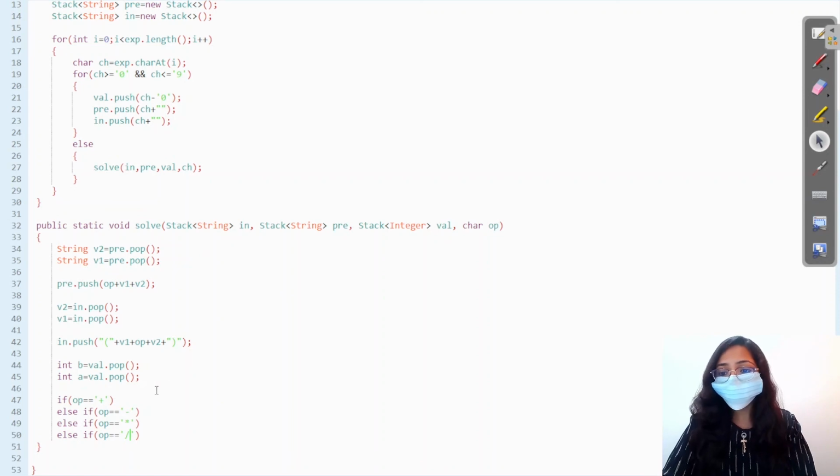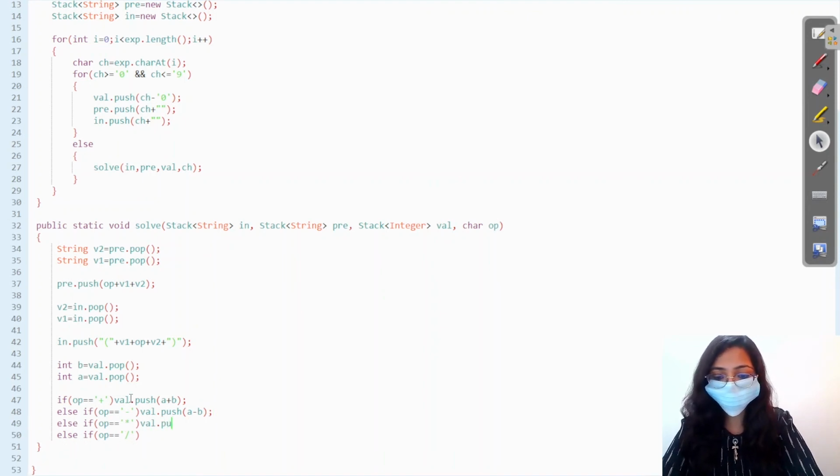Okay, so if it is for addition, we'll push a plus b and not b plus a, remember that. If it is subtraction, we'll push a minus b. If it is multiplication, we'll push a multiplied by b, and otherwise we'll push a divided by b.